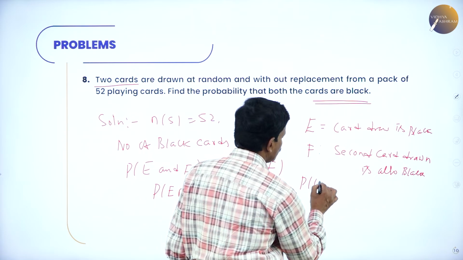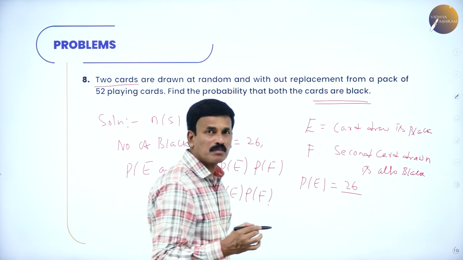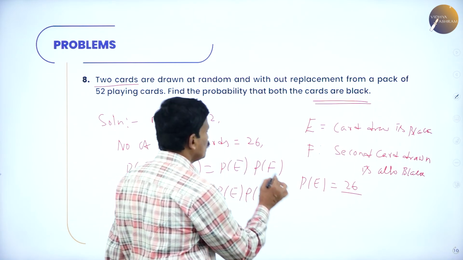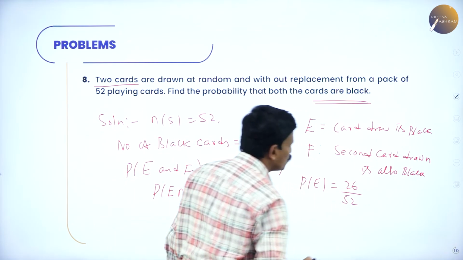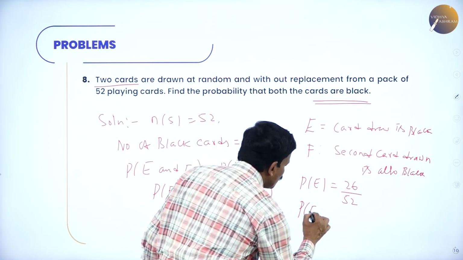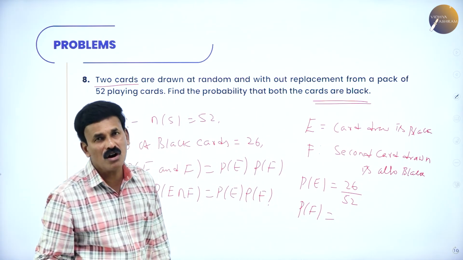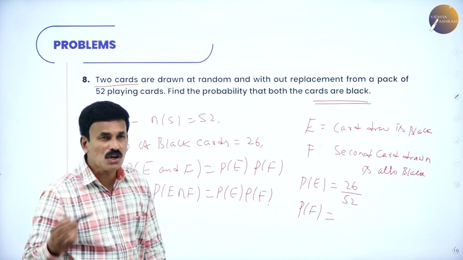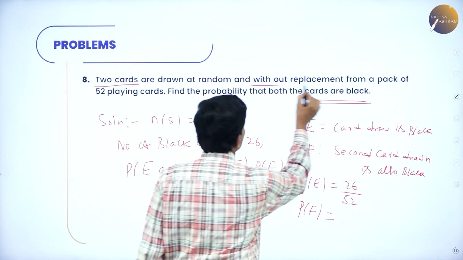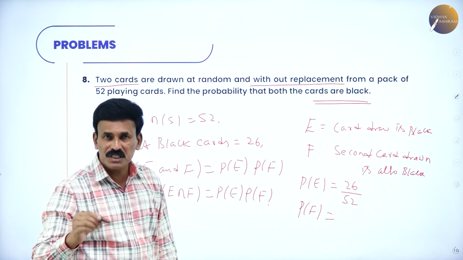Okay. Now, what is the probability of E? There are 26 black cards, out of 52. So, 26 divided by 52. And what is the probability of F? Here, since one card is already drawn, and the condition is without replacement, we are not going to replace. One card is already drawn, which is a black card.